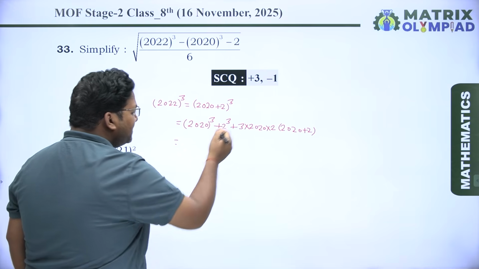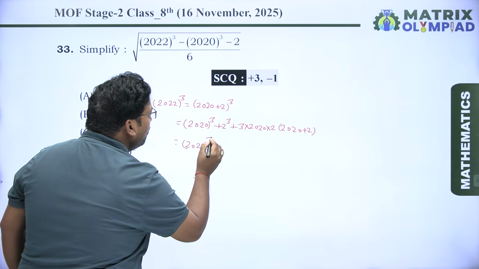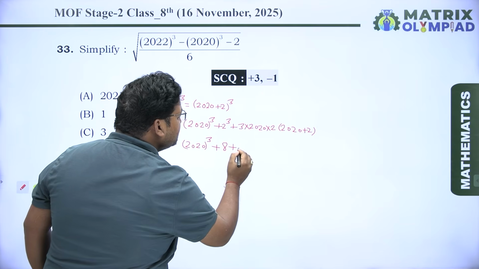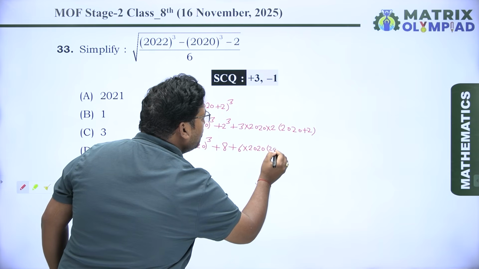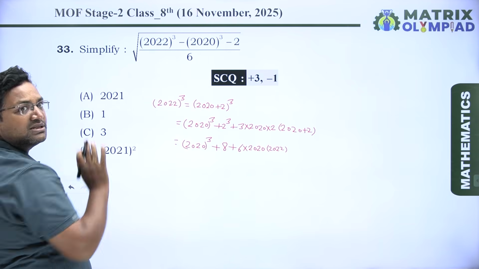Now we have to solve this part. So it is 2020 whole cube, 2 cube is 8, plus 3 into 2 is 6, so it is 6 into 2020 into 2022. Now we have to put this value in this expression.